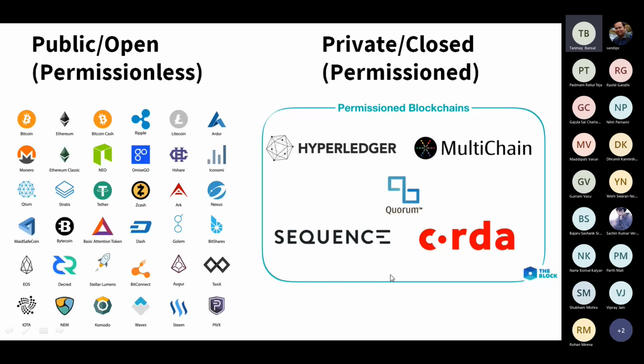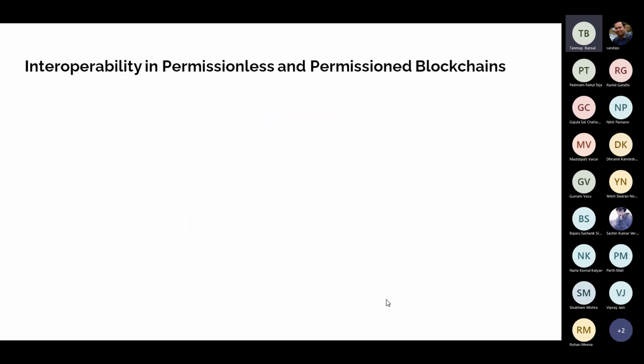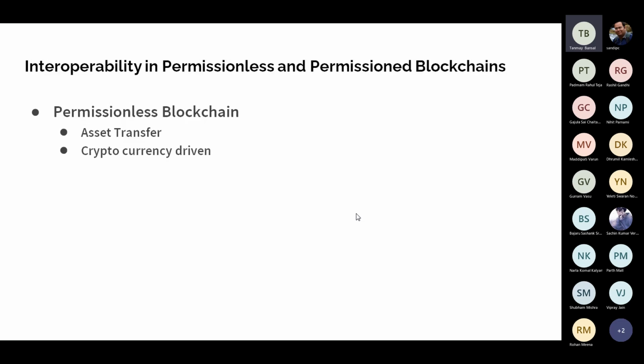Now, whenever we talk about interoperability, we have to understand that this notion of interoperability for permissionless blockchains and for permissioned blockchains is somewhat different. Essentially, if we consider permissionless blockchains, which are mostly cryptocurrency driven, like of course Bitcoin and Ethereum, this Ether and others.